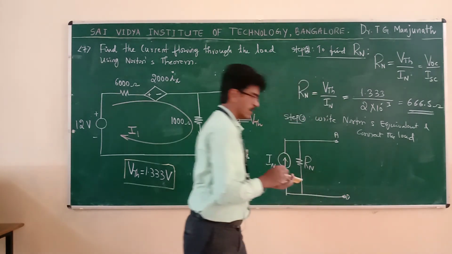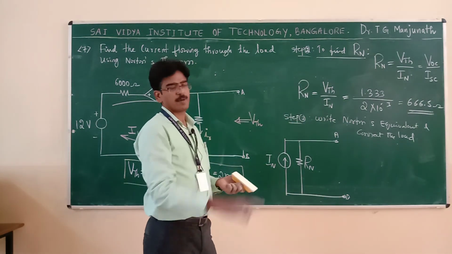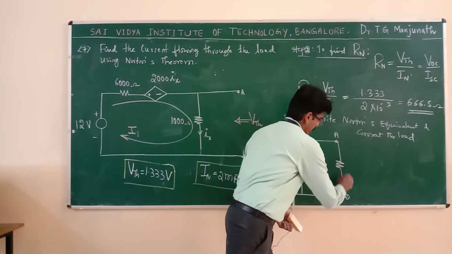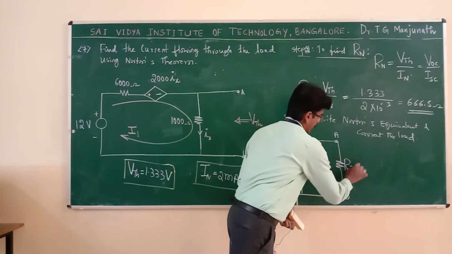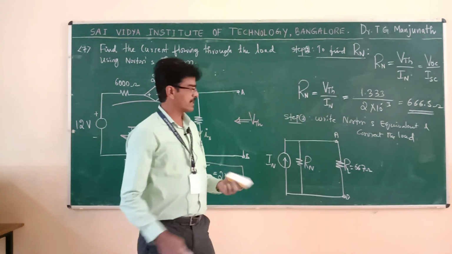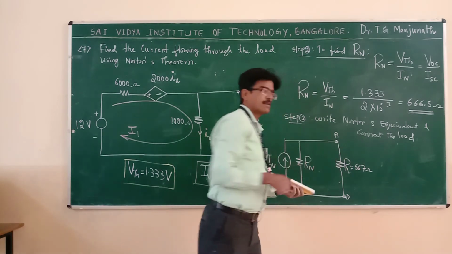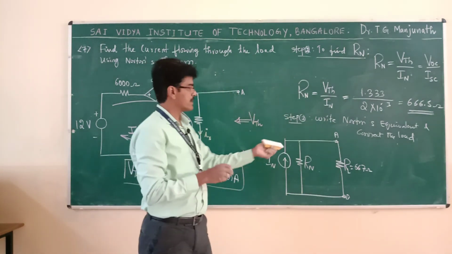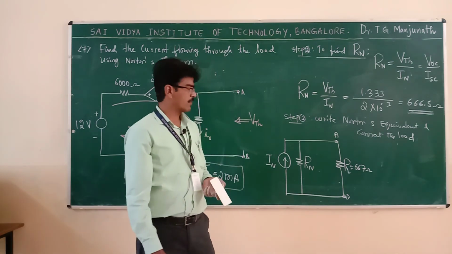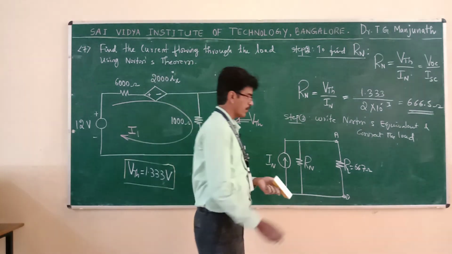What is the load? I removed the load in the first step, and it needs to be connected in the last step. So what is the load value given? 667 ohms. Okay. My intention is to find the current flowing into this load. Always in the Norton's equivalent circuit, to find the current, we can go for the current division rule.